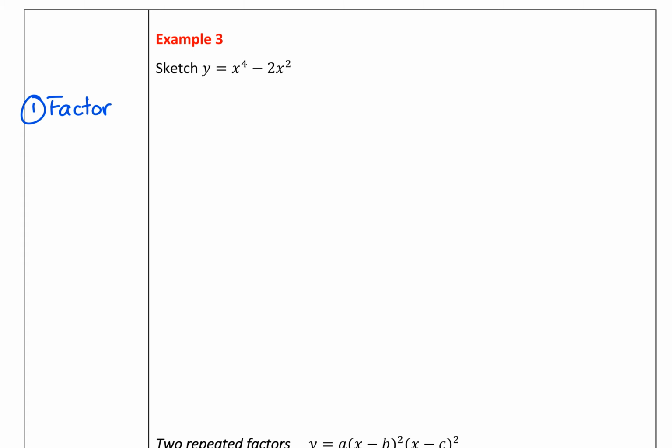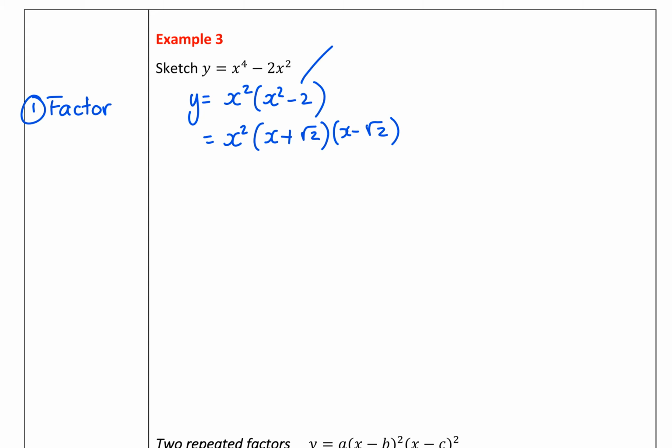When quartic functions are in standard form, as this one is right now, it's not much use to us. So if I take x squared out as a common factor, I've got x squared times x squared minus 2. And if I continue to factorize that, I've got x plus root 2, x minus root 2.